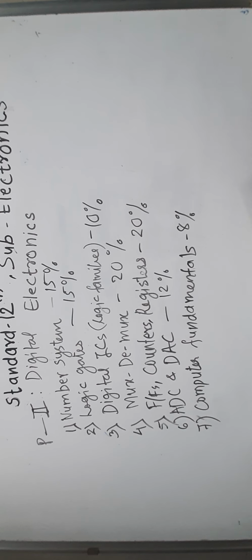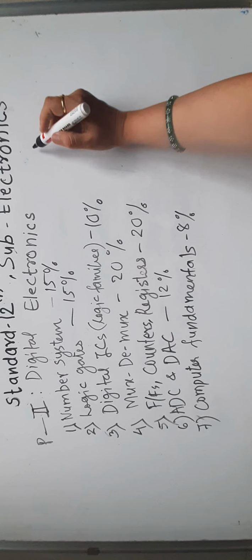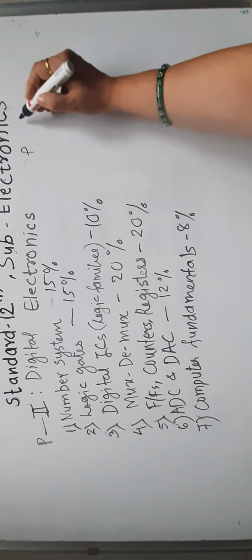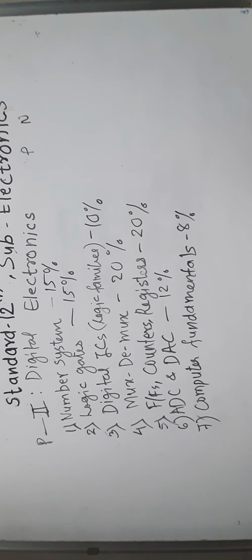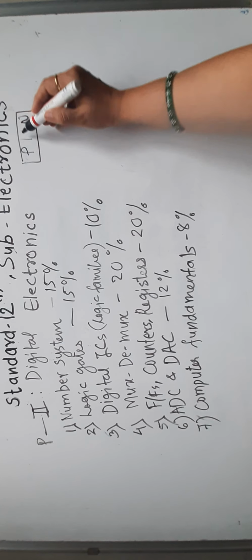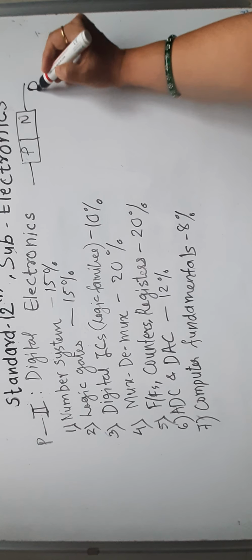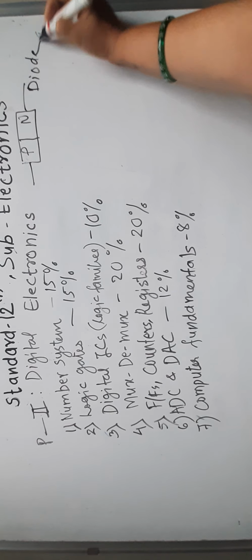See, last year you have seen types of semiconductors, that is p type and n type semiconductor. If they are joined together, then the structure formed is known as a diode.